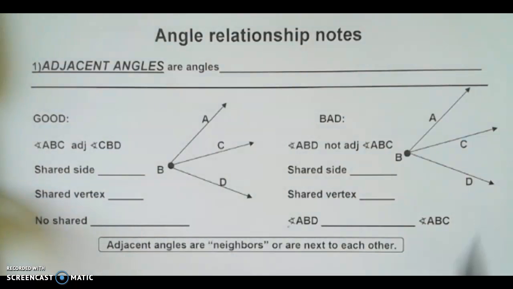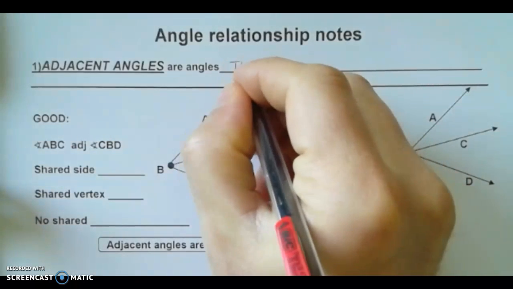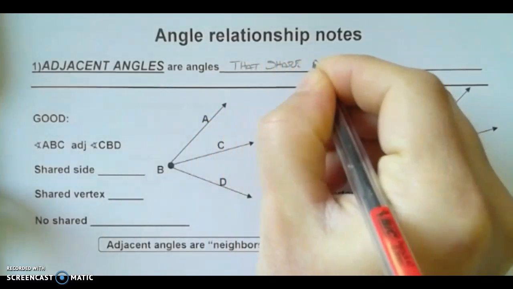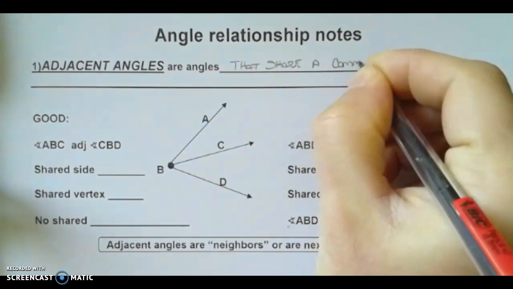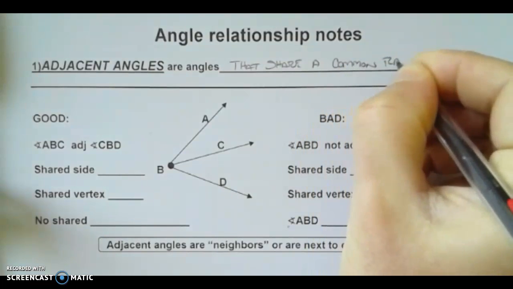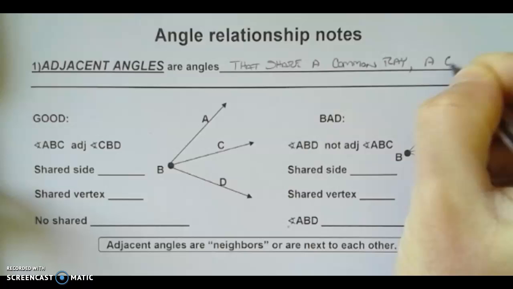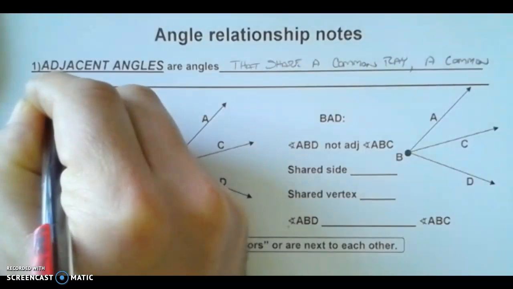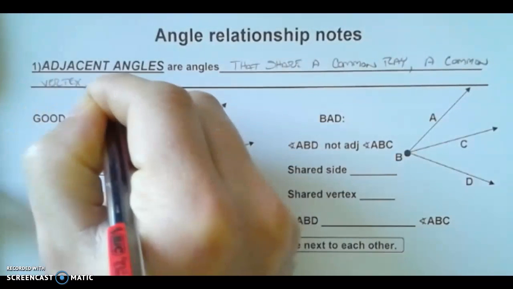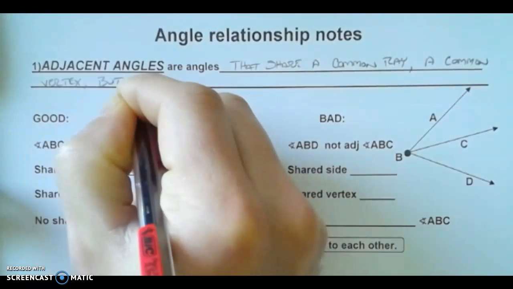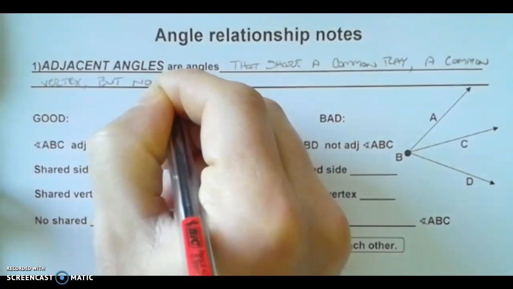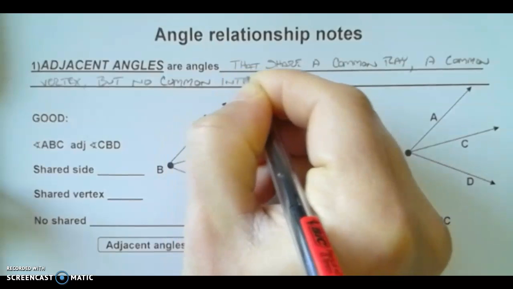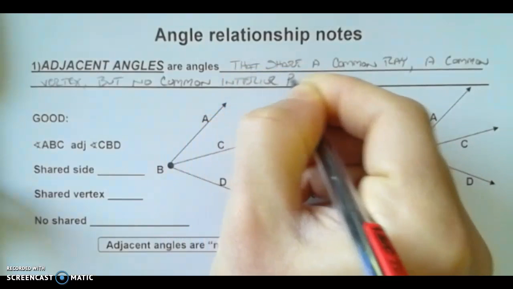Adjacent angles are angles that share a common ray. They have to share a common ray. They also share a common vertex, but they do not share any common interior points.